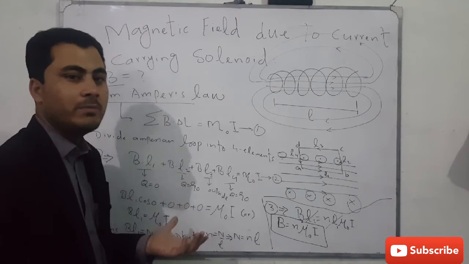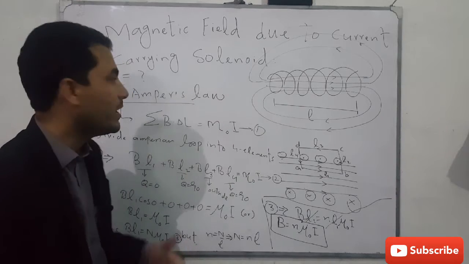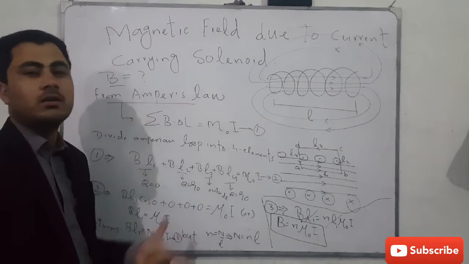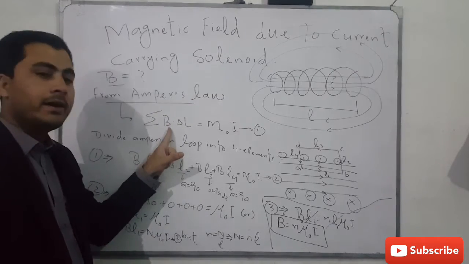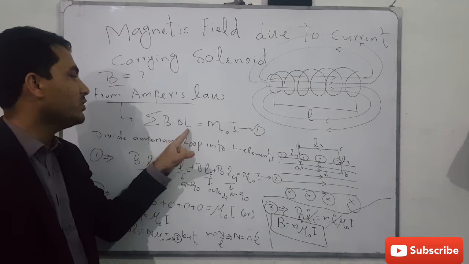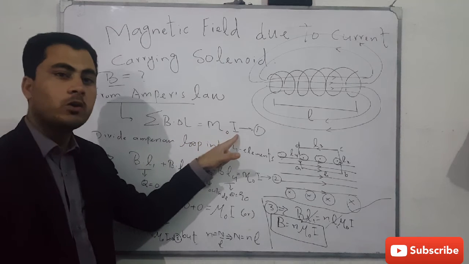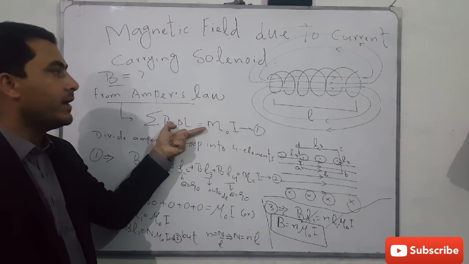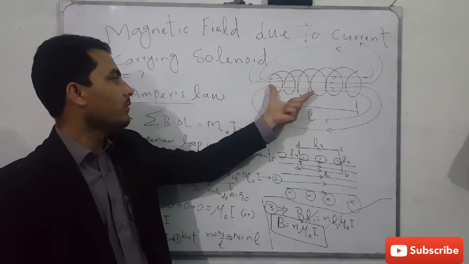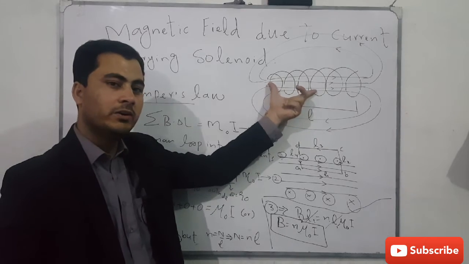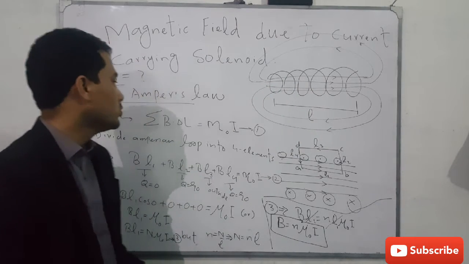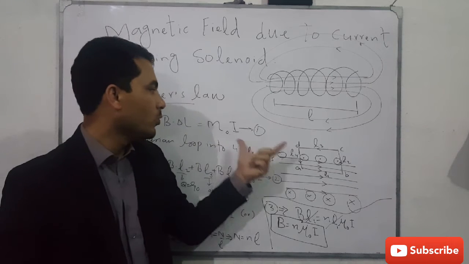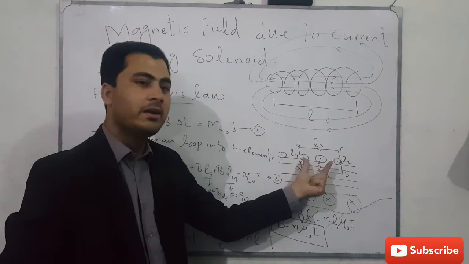How can we find it? By using Ampere's law. According to Ampere's circuit law, the line integral of the magnetic induction over an Amperian loop is equal to mu naught times the total current enclosed by that loop. With the help of this law, we can easily find the magnetic field due to this current carrying solenoid.